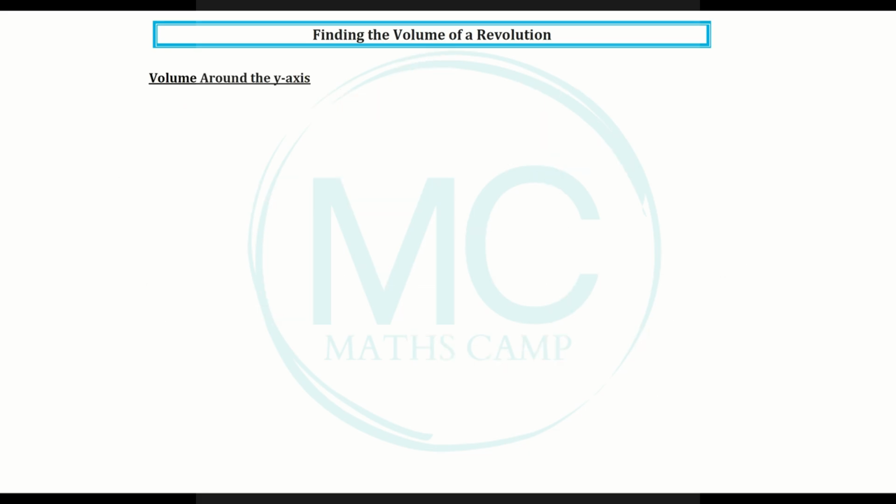Finally, I'd like to look at volume around the y-axis. We have not seen this in an exam the last few years, but it is in the syllabus, so make sure you learn this. To find the volume about the y-axis, we use the following formula. This is similar to the volume about the x-axis, except now we use x squared.